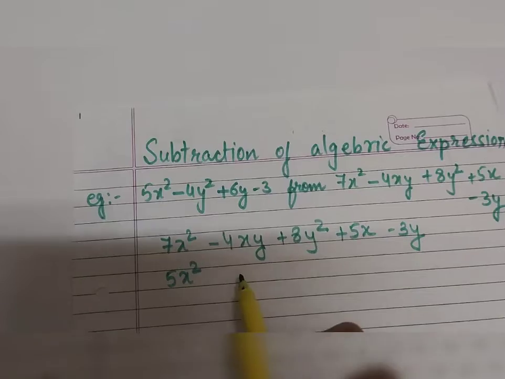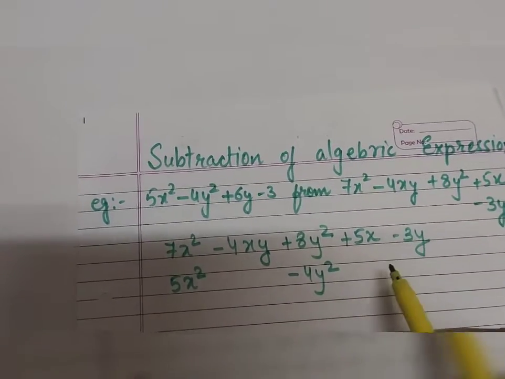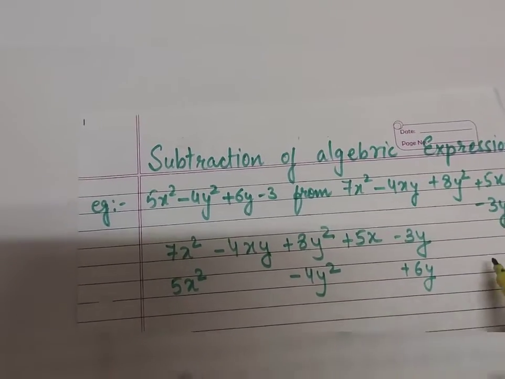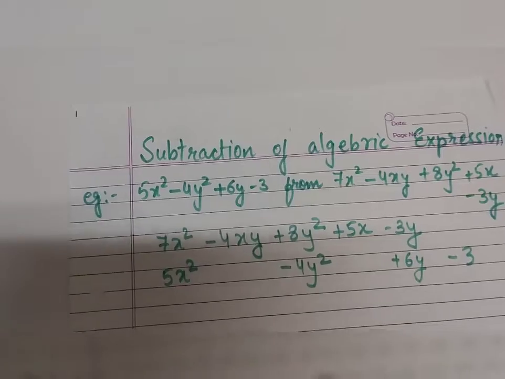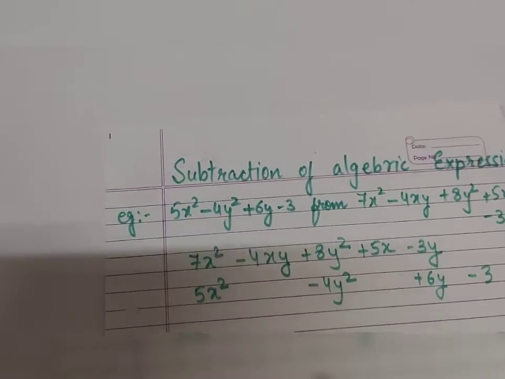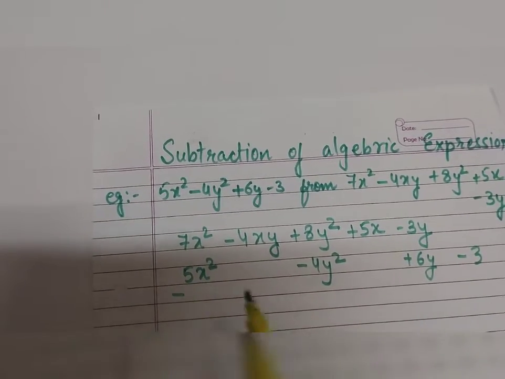We will write like terms under like terms. We have 6y here, and the constant term we will write aside because the first expression does not have a constant term.